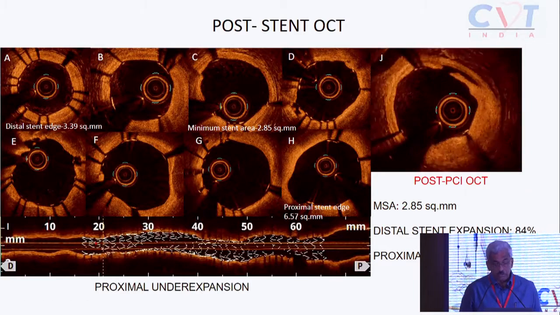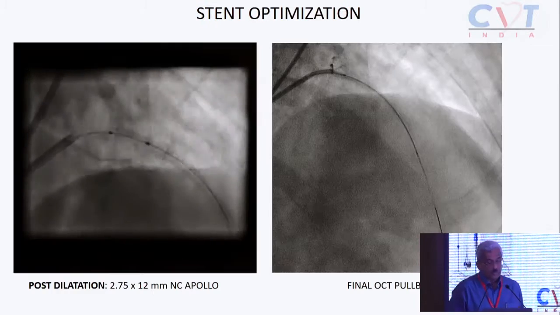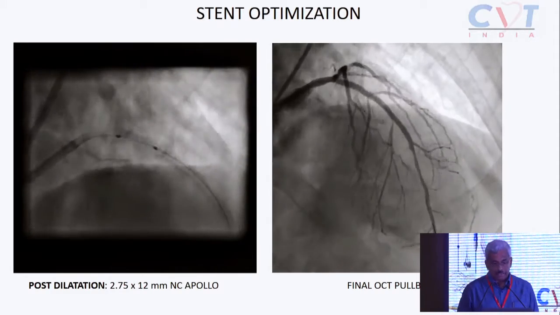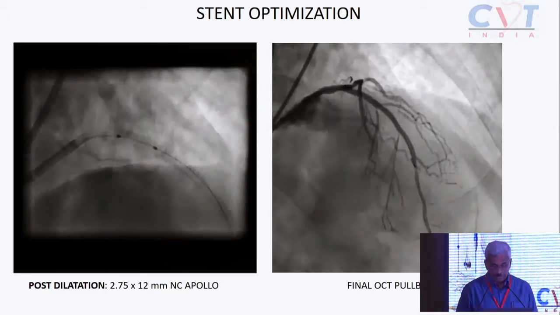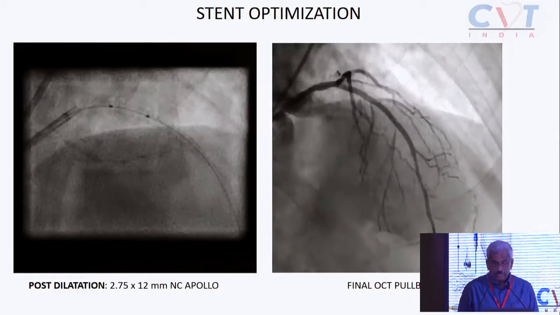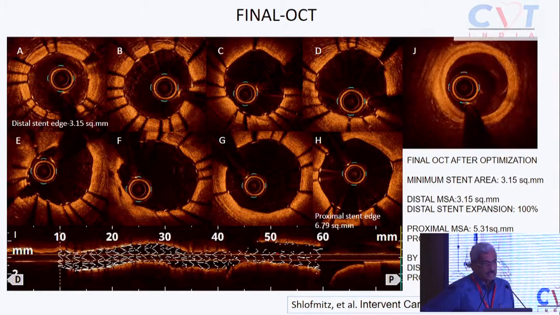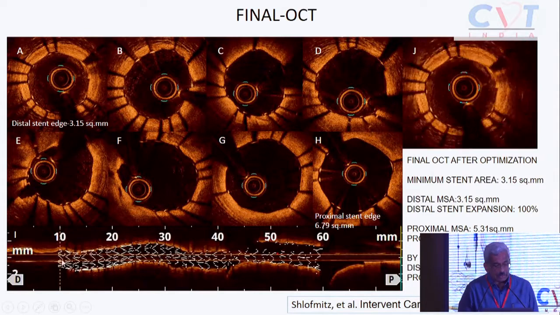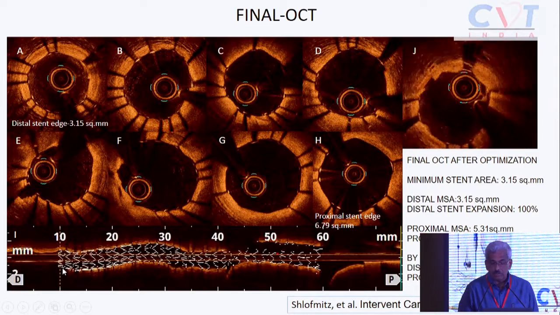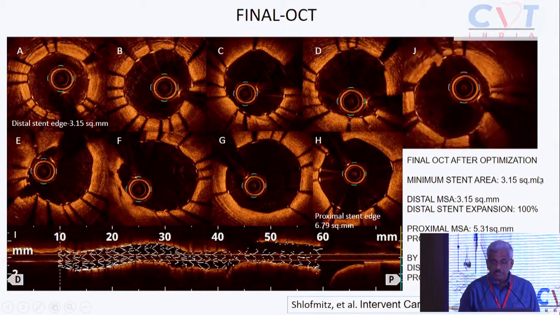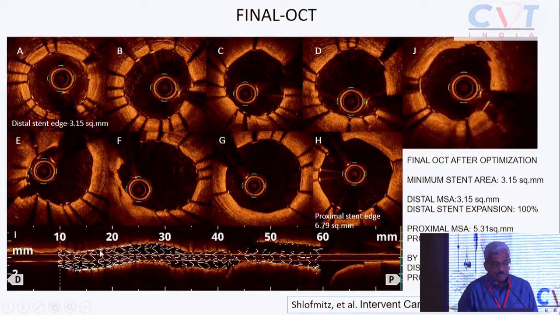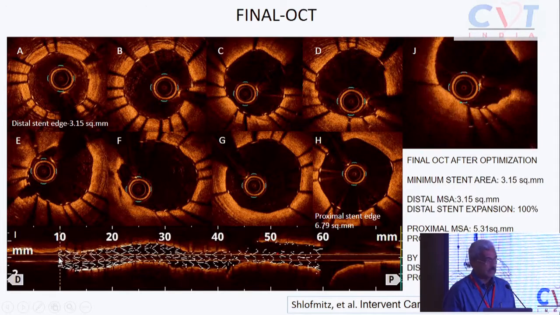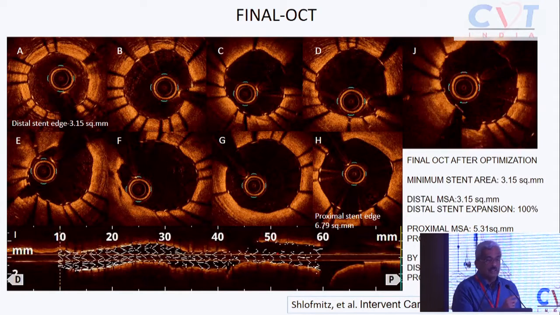So what do you do next? You go up with a 2.75 by 12, post-dilated at high pressure all through in the proximal and the mid segment of that stent, and then you pull back another OCT. And when you pull back the OCT, now you realize that after the post-dilatation, your minimum stent area is 3.15 distally, but it is 100% of the expansion of what is the distal area of the vessel.